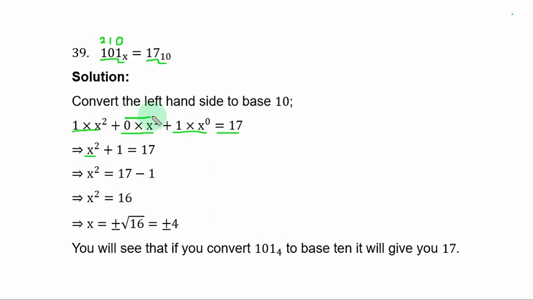This term becomes 0. S power 0 is 1. 1 times 1. So you have plus 1 equal to 17. If you collect like terms by transferring plus 1 to the right hand side, you have s squared equal to 17 minus 1. This implies that s squared is equal to 16.